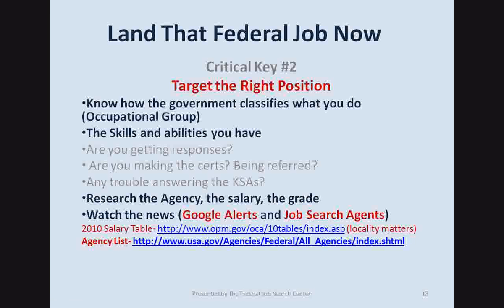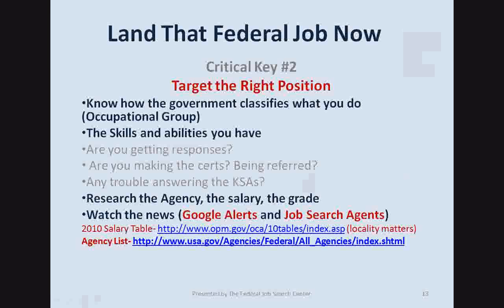So once you've researched a couple of those, decide that you're going to do your homework without having to do a lot of work. One way is you can set up Google Alerts. You can go on Google and search for Google Alerts, and you'll see that you can set up alerts on certain keywords.